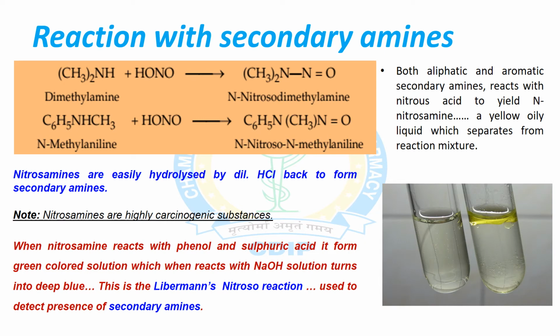But when nitrosamine reacts with phenol and sulfuric acid, it forms a green colored solution, which when reacted with sodium hydroxide turns deep blue. This is the basis of Liebermann's nitroso reaction, and it is used to detect the presence of secondary amines.